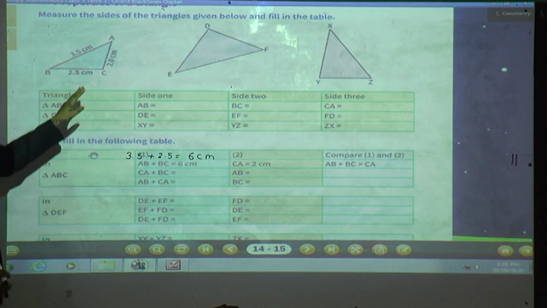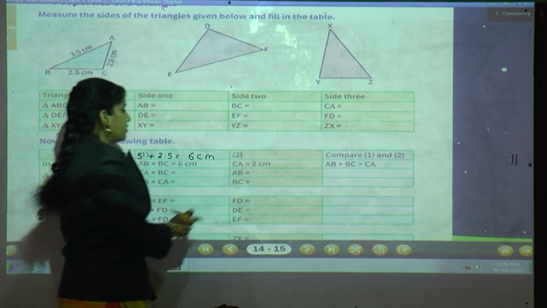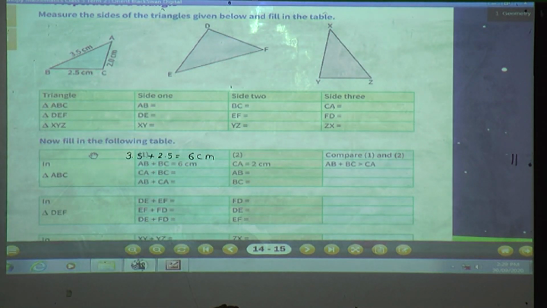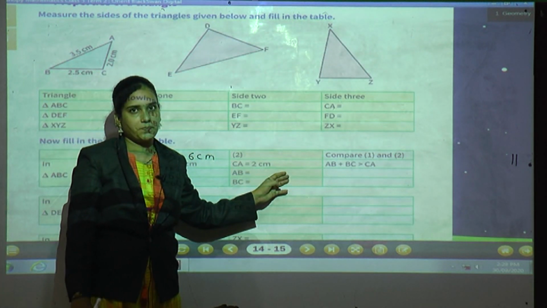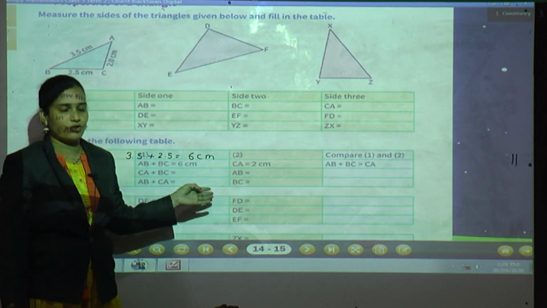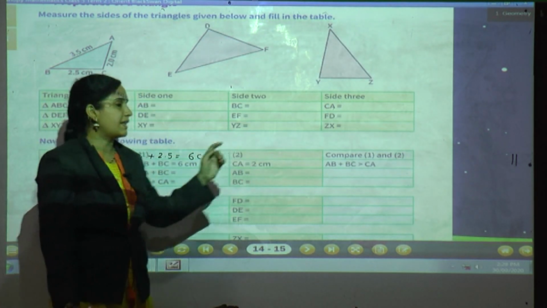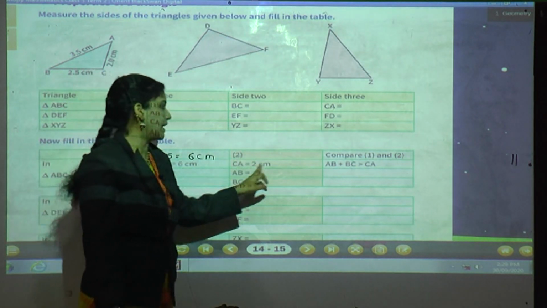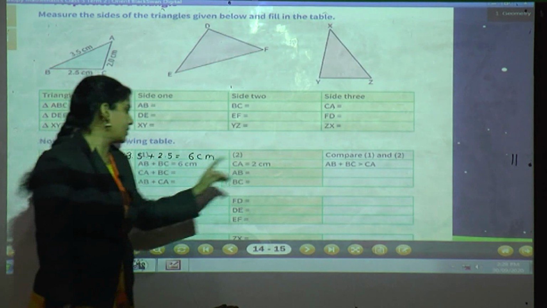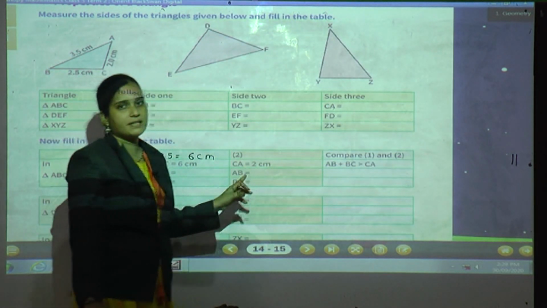And they have already given us side CA is 2 centimeter. So, which one is bigger? 6 centimeter or 2 centimeter, students? Yes, of course, 6 centimeter is bigger than 2 centimeter. That's why AB plus BC is greater than CA.